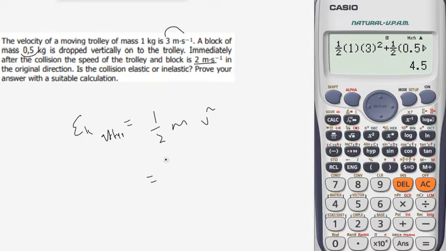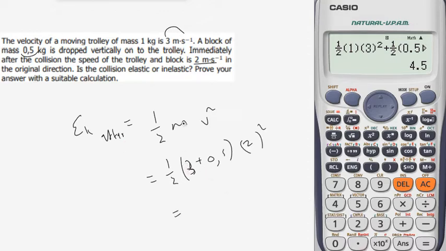So it's going to be half, the mass of both, 3 plus 3 plus 0.5, multiplied by the velocity squared, which is 2. Oh, I'm very sorry. 2 all squared. Then you get your answer.